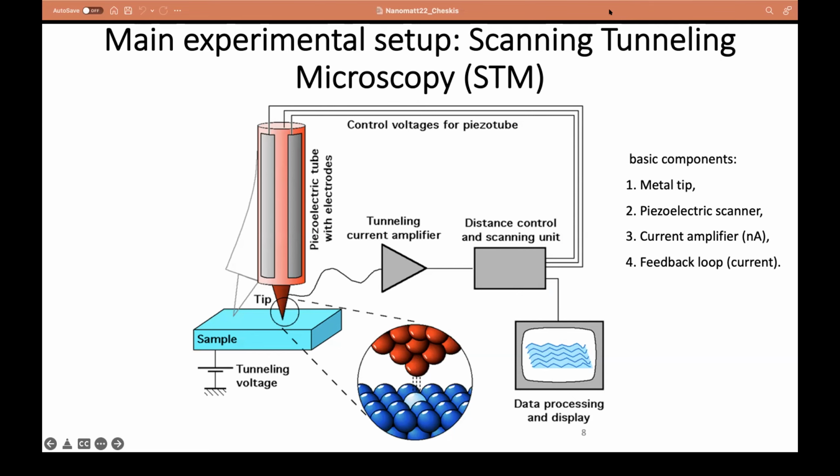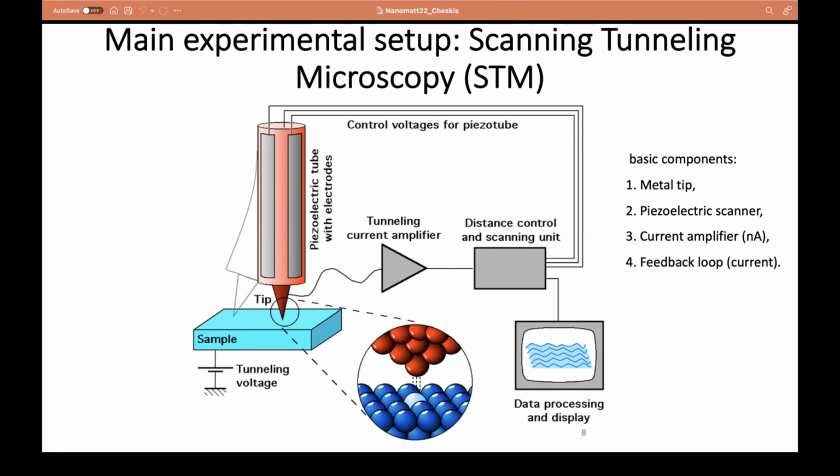In this equipment, we measure the tunneling current coming from the sample to the tip.